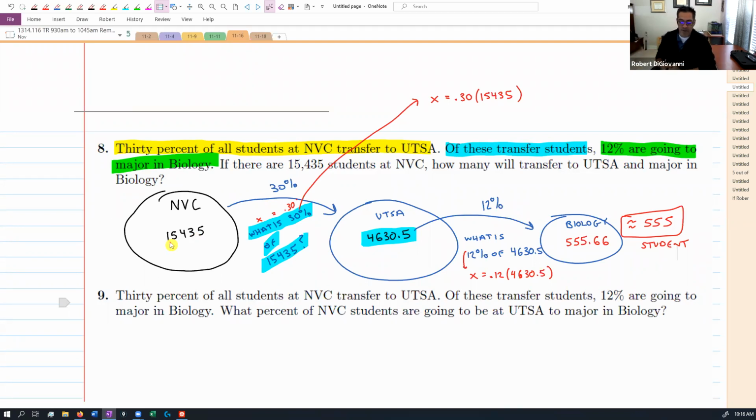So 555 students from Northwest Vista wind up in biology at UTSA. That's what we just figured out. Does that make sense, everyone? That was two of the equations built into one problem. Questions or no?